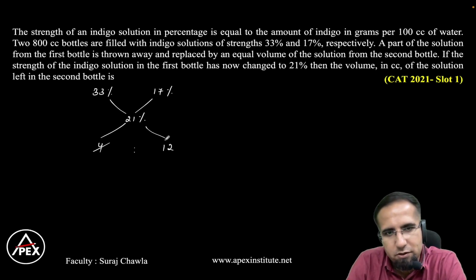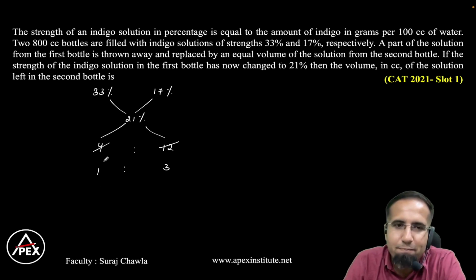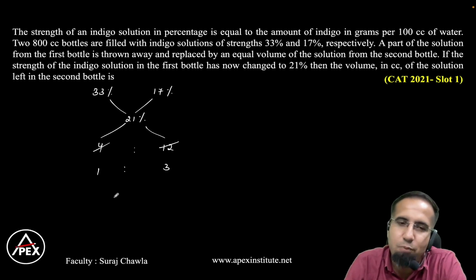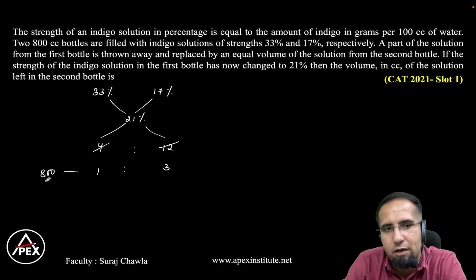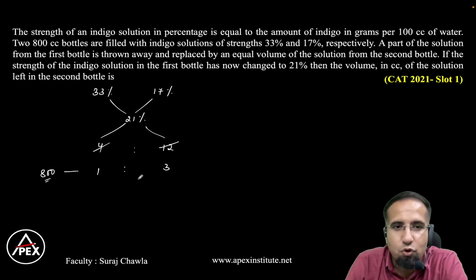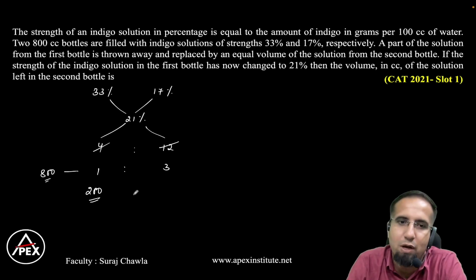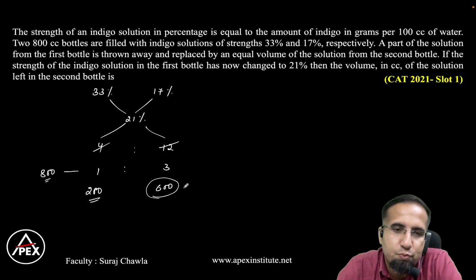That means 1:3 is the ratio in which I have mixed them. Now one part out of 4 parts represents bottle 1. 3 parts out of 4 parts represents bottle 2. And the total quantity we know is 800 ml or 800 cc. So 1 by 4 into 800 is 200 cc is bottle 1. 600 cc is bottle 2.